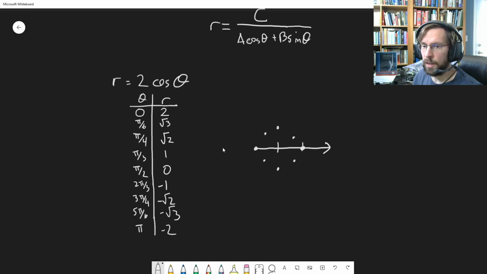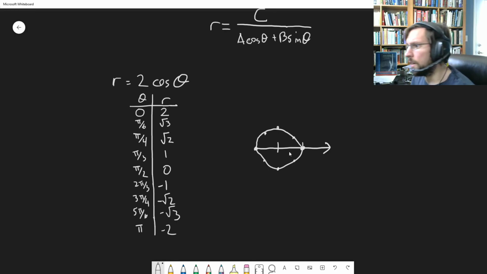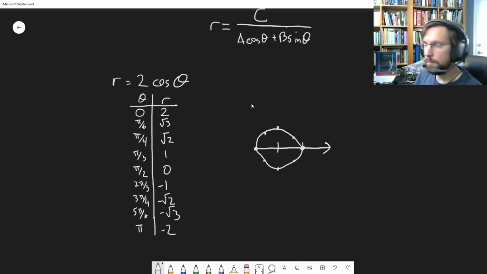Pi is over to the left. So negative 2 in that direction is back where we started. So this curve is actually going to be a circle that's going to be tangent to the pole over on the right-hand side. So this is one of a family of curves. This is r equals 2 cosine theta.